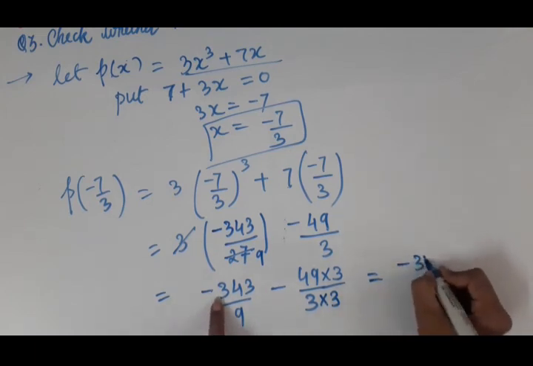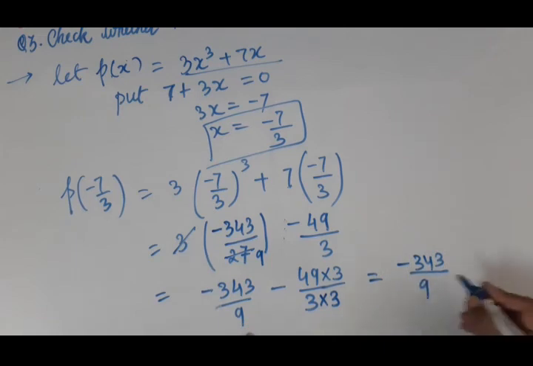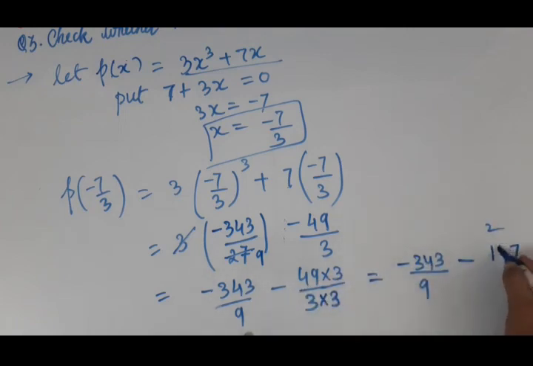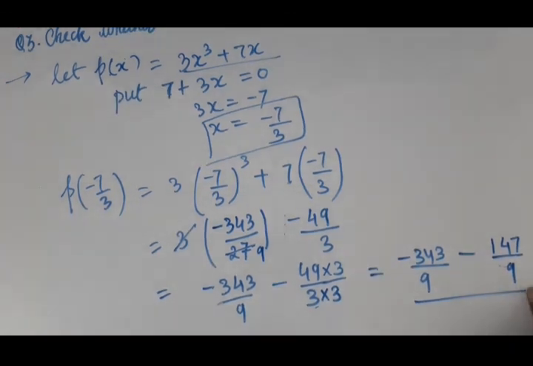So we get minus 343 upon 9 and minus 49 multiplied by 3. 3 nines are 27, carry 2. 3 fours are 12 plus 2, 14. So 147 divided by 3 into 3, 9. Now the denominators are the same.